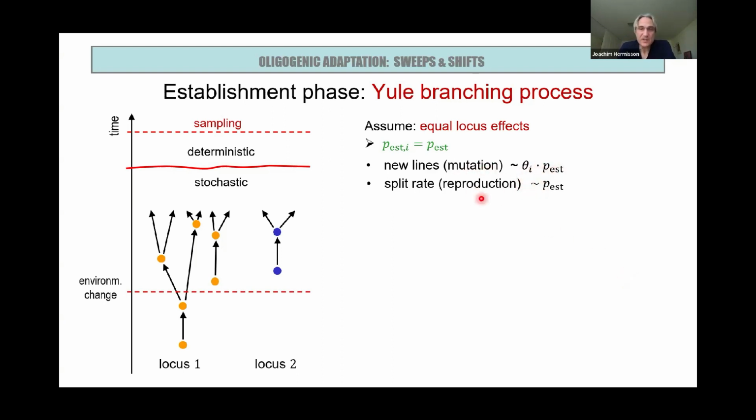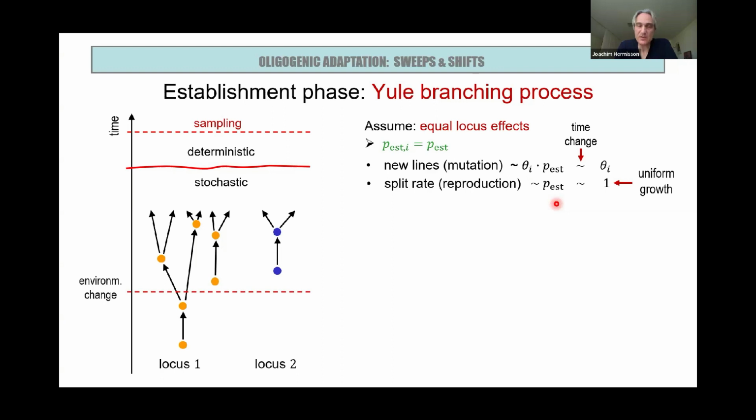So at that rate, and there's a split rate that looks like that. But if this is true, we can just do a change of the time scale of this process and then say, scale this establishment probability out of the whole process.